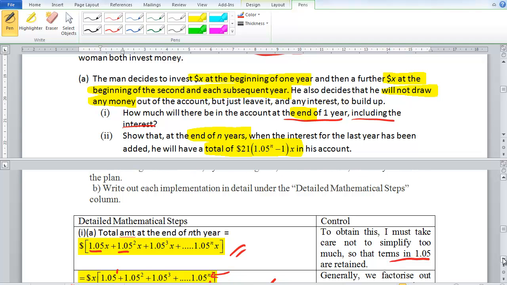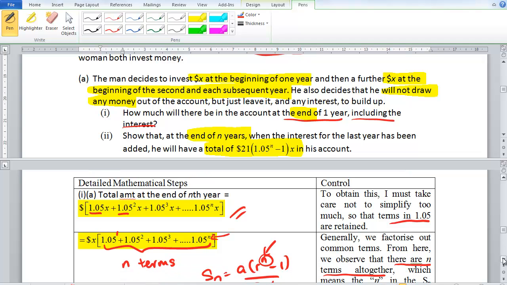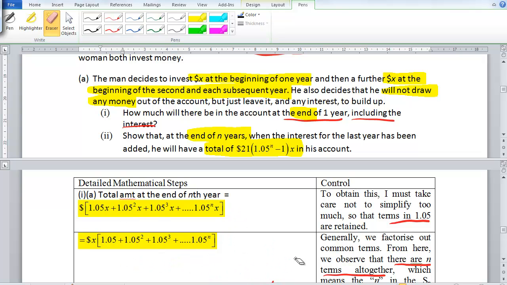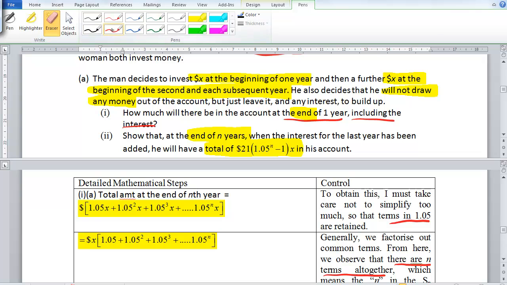So let's analyze. We have already mentioned that we actually have this as whatever we have highlighted earlier on. We already have this in the table that we analyzed earlier. And how did I get this?